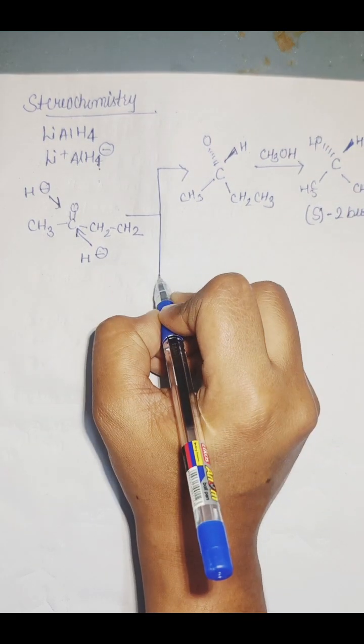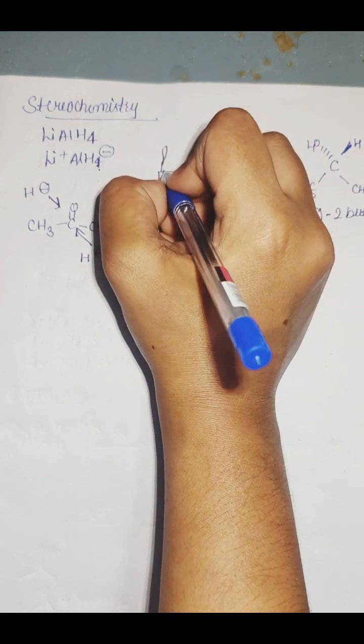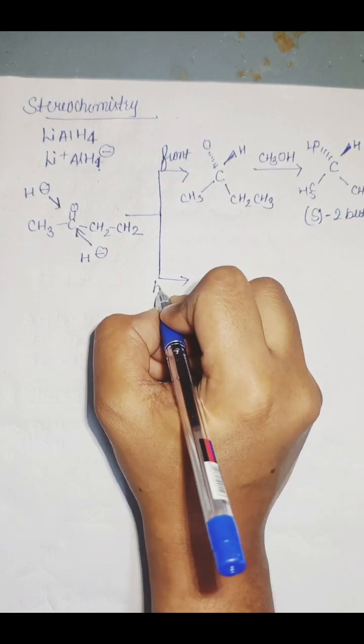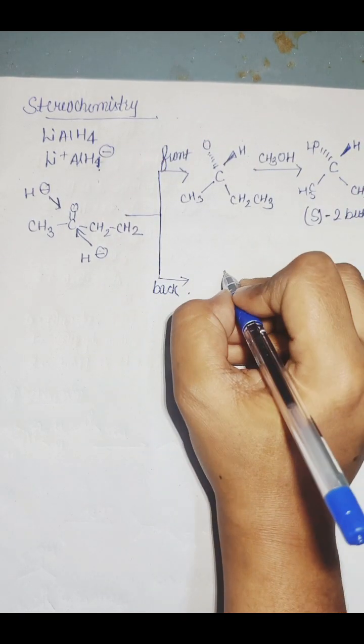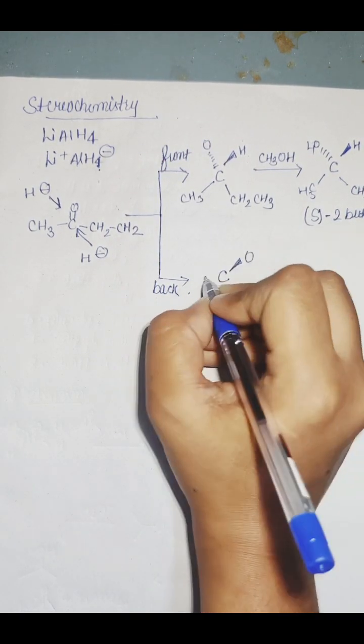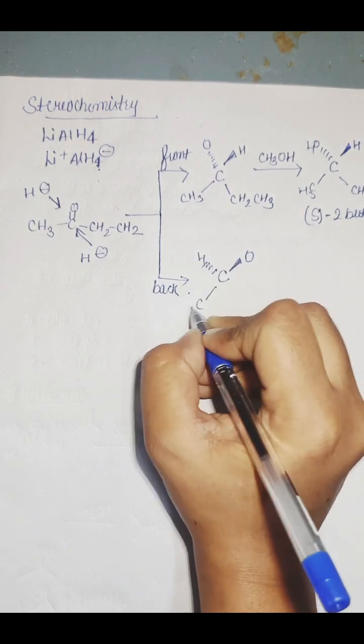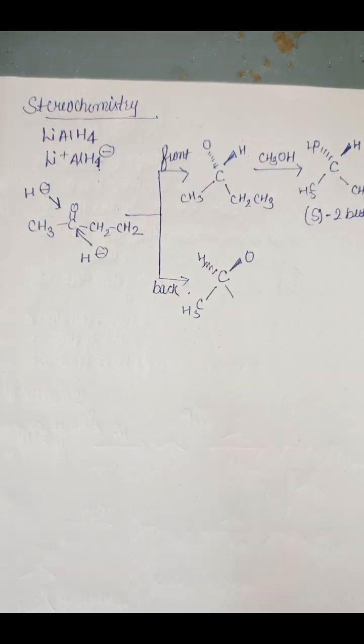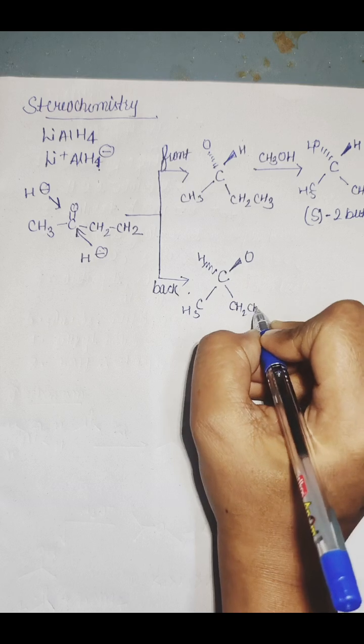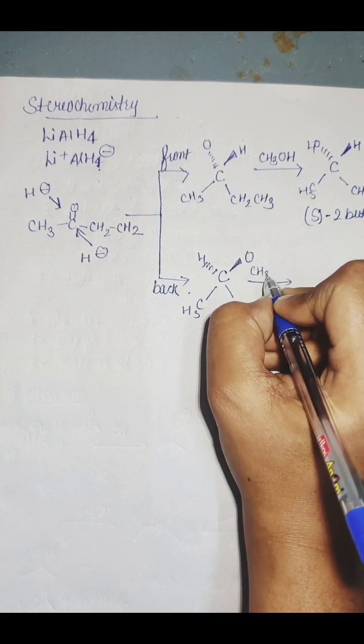And if it is attacked from the back side, then we get carbon with oxygen here, hydrogen here, CH3, CH2CH3, in presence of methanol.